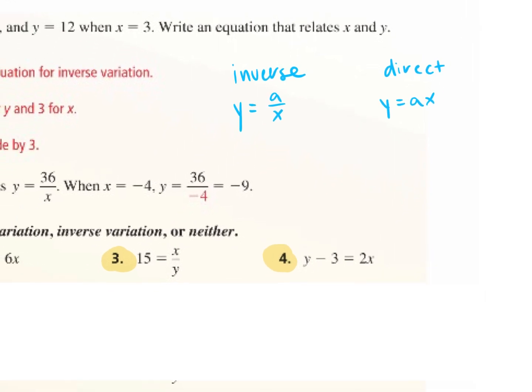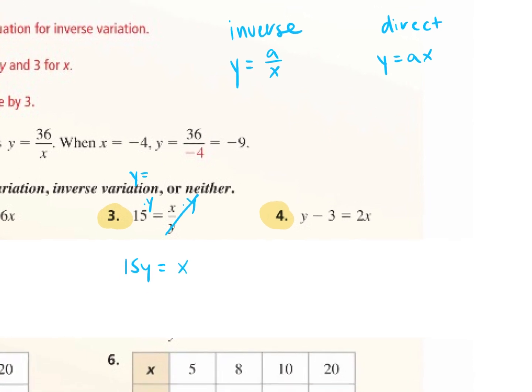For these questions where we have to determine if it's direct, inverse, or neither, we need to make it y equals. So how could I make number 3 y equals? Awesome. Multiply the y. We want to get the y from out of the denominator so we can multiply it on both sides. So I have 15y is equal to x. And then what would I do? Divide by 15.